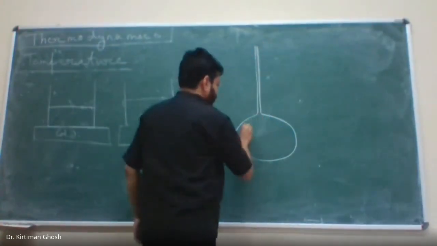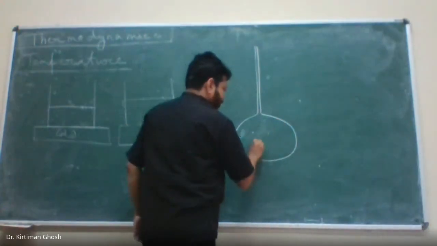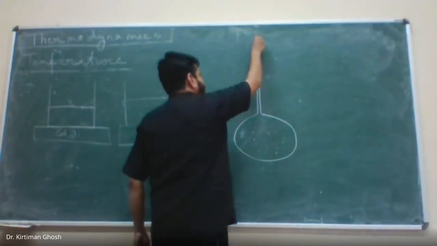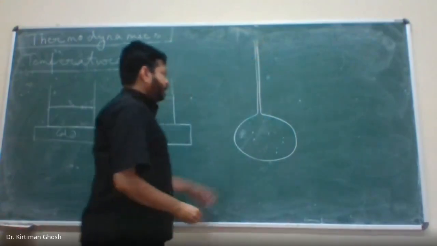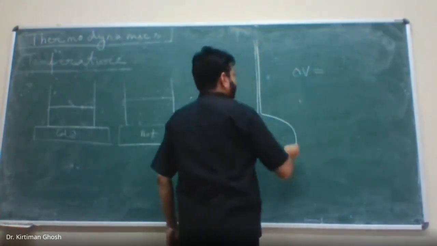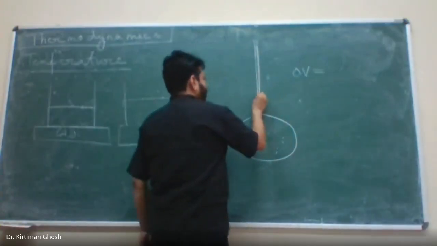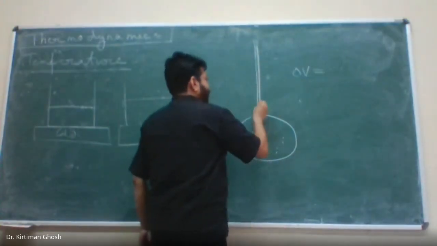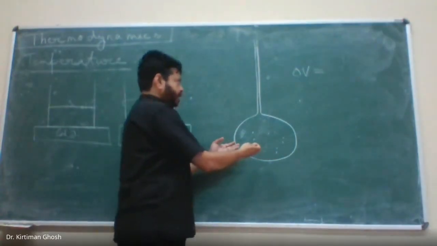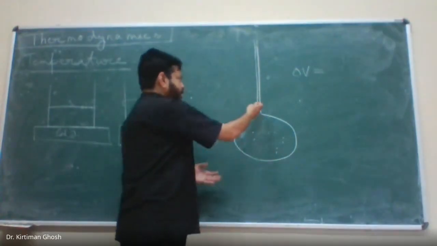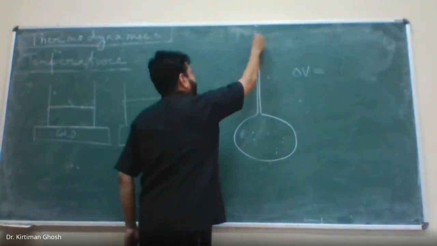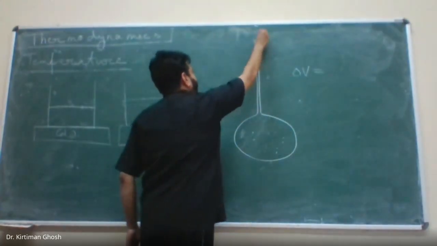There is a large amount of liquid here, and there is a capillary tube here, a very small tube. Let us assume that if I increase the temperature of this liquid by delta T, then the increase in volume, delta V, will be given by, let us assume that the area of this is A.